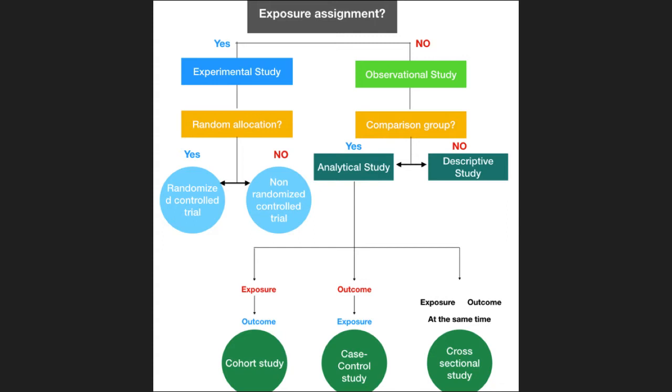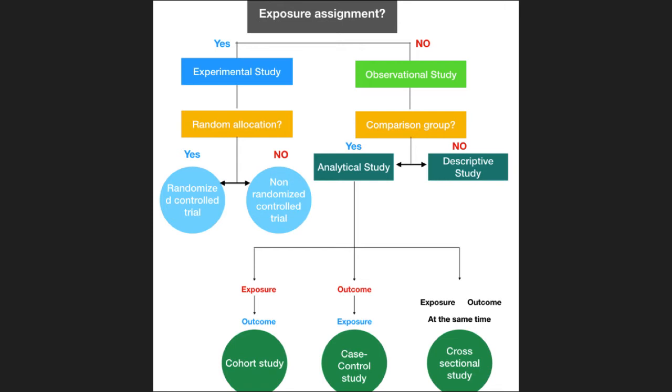In contrast, in the cohort studies, we have the exposure, like the smoker patients and the non-smoker patients, and we search for the outcome, who has lung cancer and who hasn't, or who has heart accidents and who hasn't.